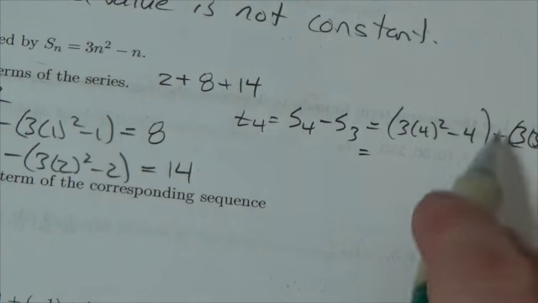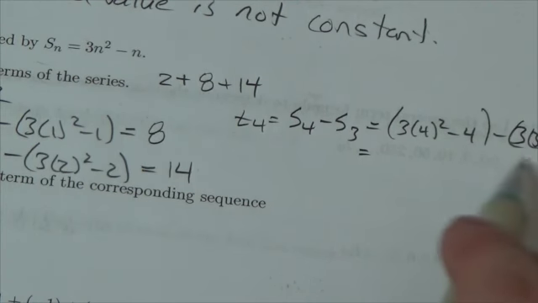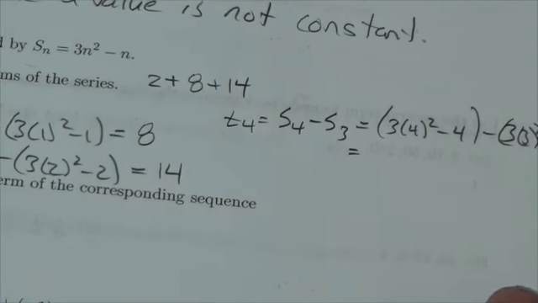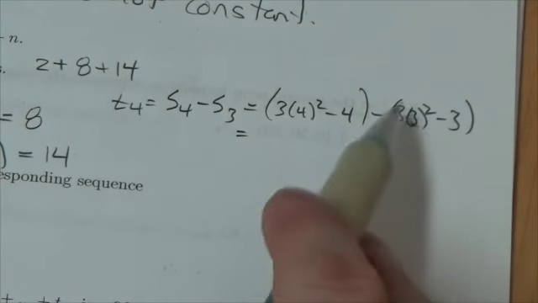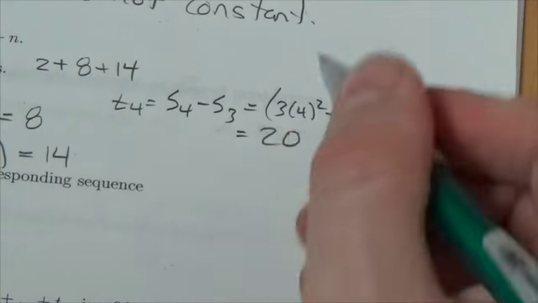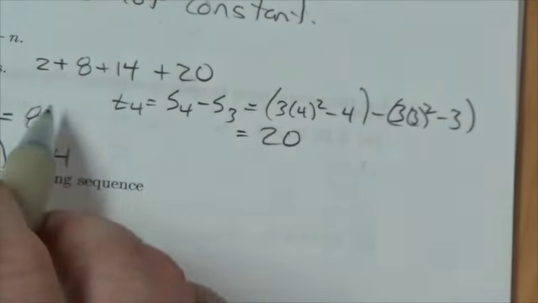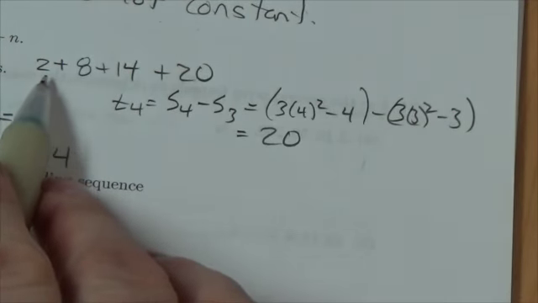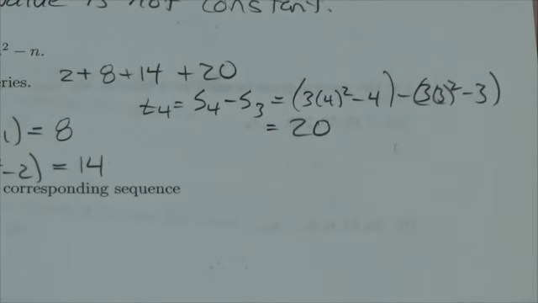And we just figured out before that this little expression here was 24. So the difference between those is 20. And so the first four terms of our series will be 2, 8, 14, and 20.